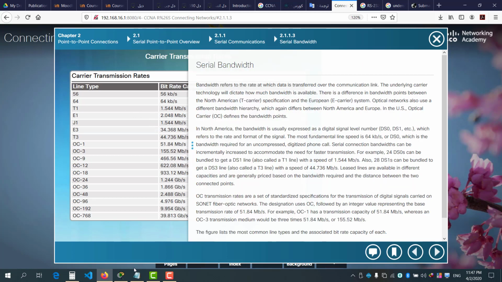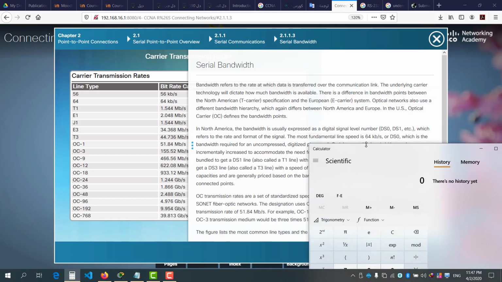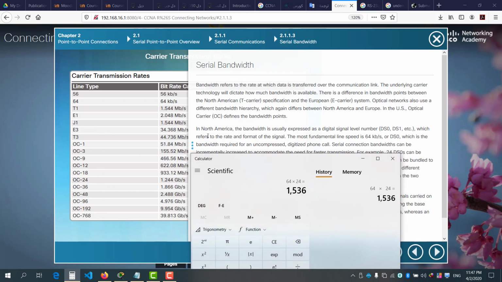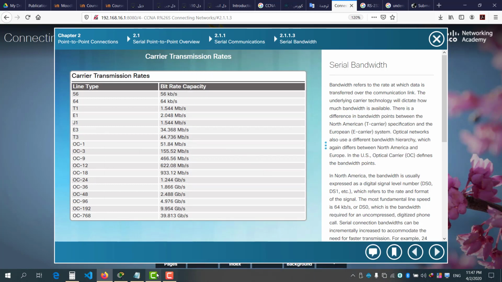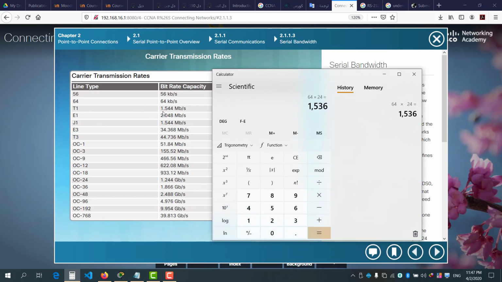So we can take the calculator and multiply the basic unit, 64, by 24. We'll have 1.536, which is an approximation of the capacity of T1. T1 is 1.544, and we have 1.536. This is an equivalent capacity.